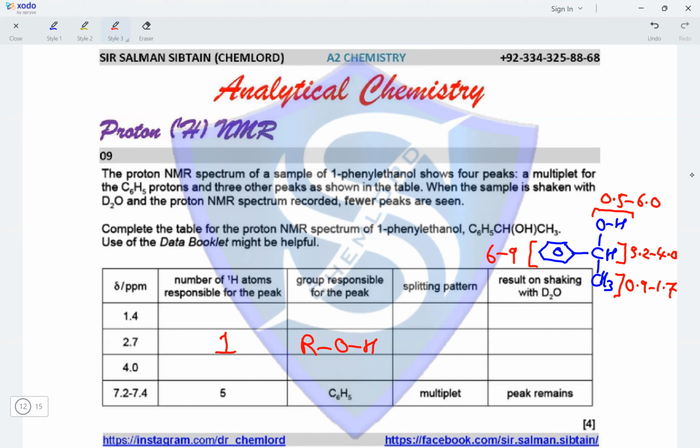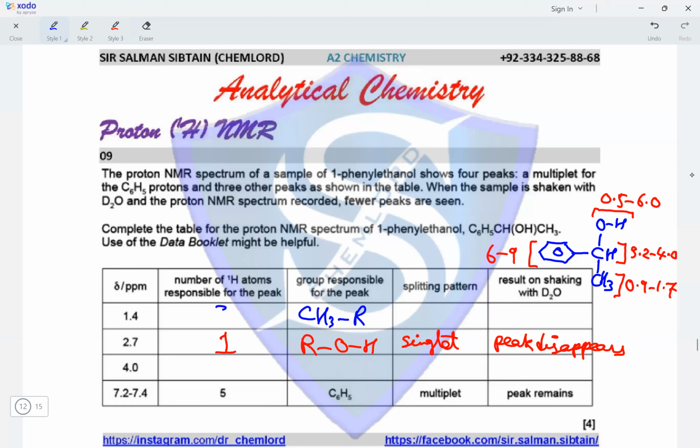The splitting pattern for the OH group will always be a singlet, and as a result of checking with D2O, the peak would disappear. So we've identified the OH group, which means the peak at 1.4 is no longer the peak for the OH group, it is the peak for the CH3 group next to an alkyl group.